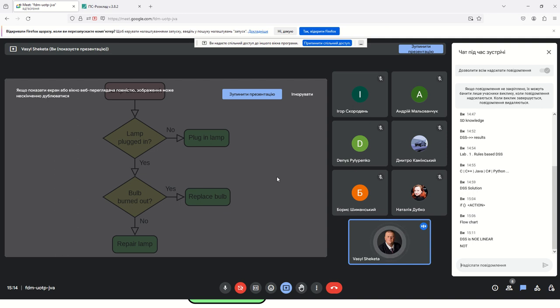In this case, we have two simple actions: plug in lamp, replace bulb. So the question is, lamp unplugged, lamp plugged in. So your answer is no, logically.